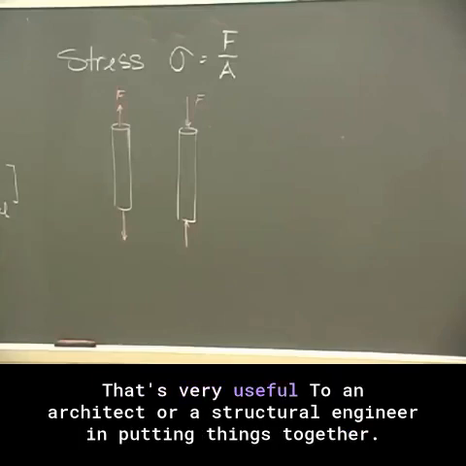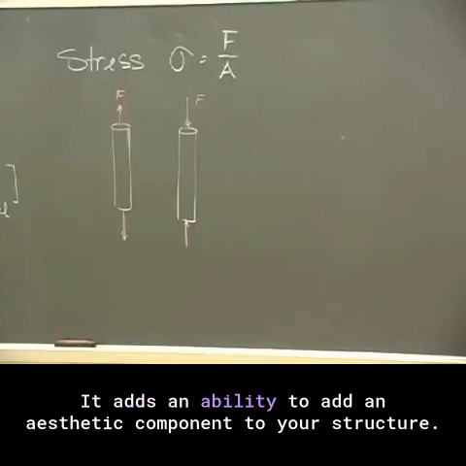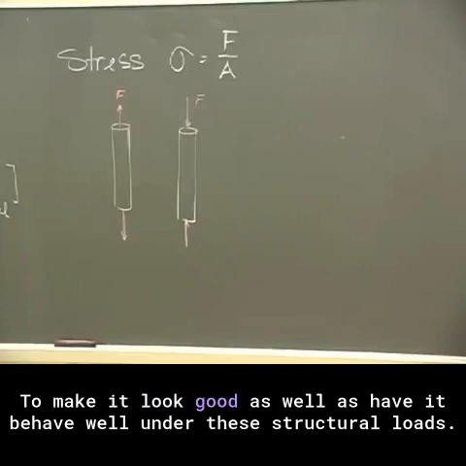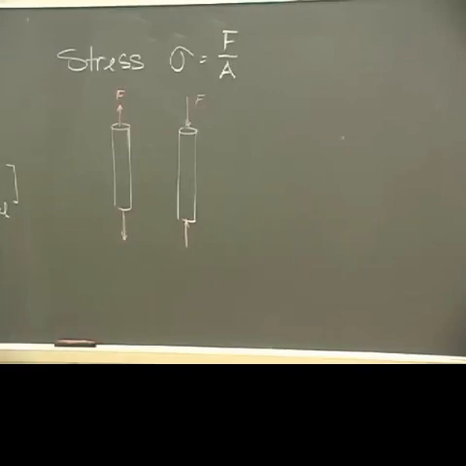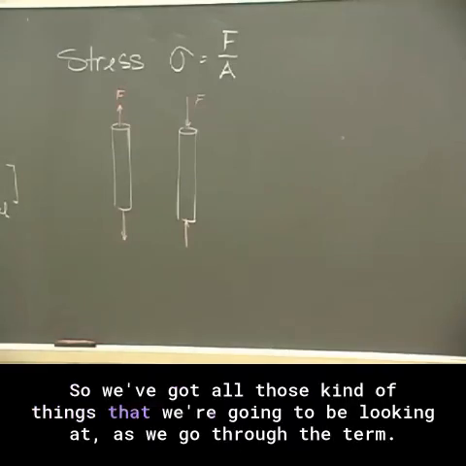That's very useful to an architect or a structural engineer in putting things together. It adds an ability to add an aesthetic component to your structure to make it look good as well as have it behave well under these structural loads. So we've got all those kind of things that we're going to be looking at as we go through the term.